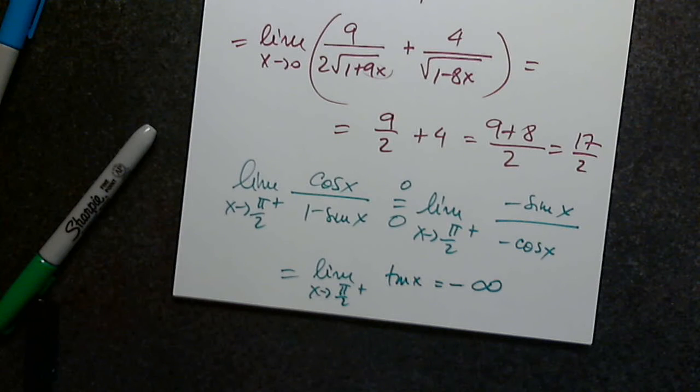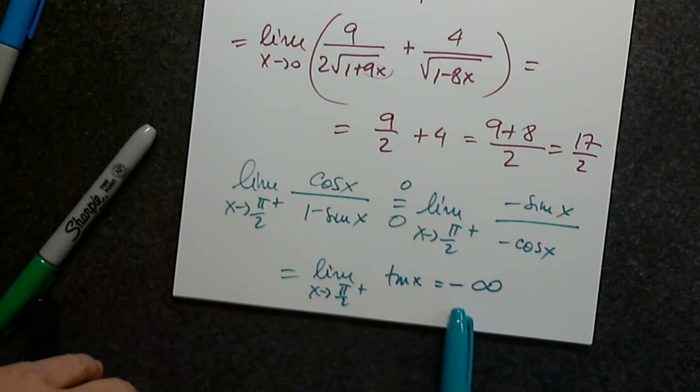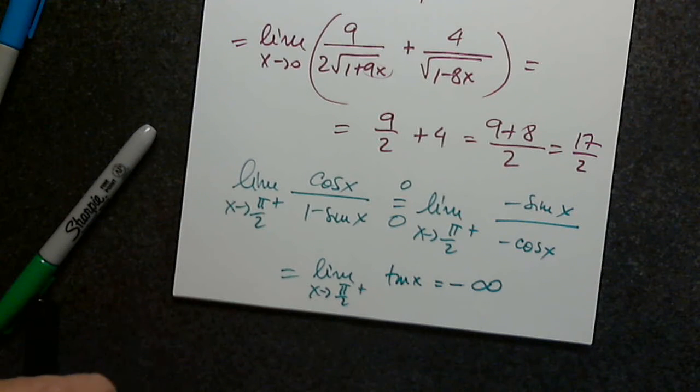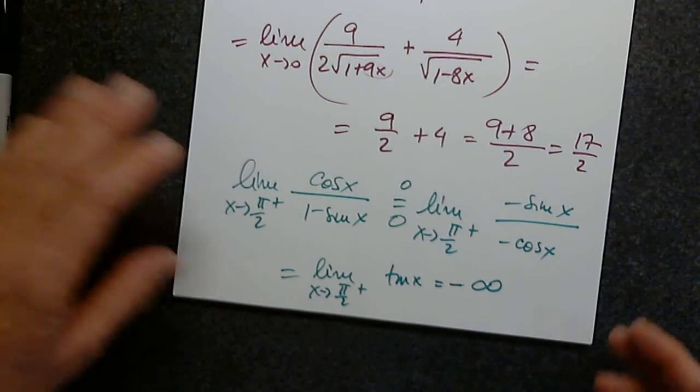So when we graph tangent, in the first quadrant it is positive, in the second quadrant it is negative. Some of you wrote the infinity. I consider it okay, but it's basically negative infinity. At least you were on the right track.